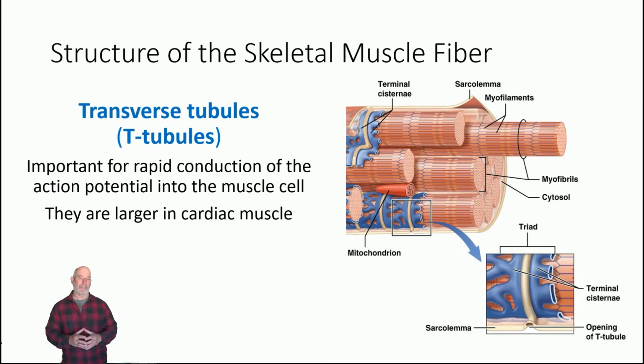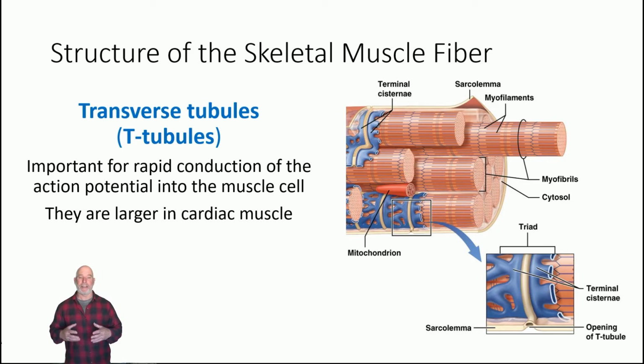The T-tubules allow for a rapid conduction of an action potential into a muscle cell. I mean, we've known since the 1800s that if you just had a signal at the sarcolemma of the cell, we know that it's excitable, but the signal couldn't travel through the sarcoplasm fast enough for the muscle contraction that we see today, for the speed at which a muscle can contract.